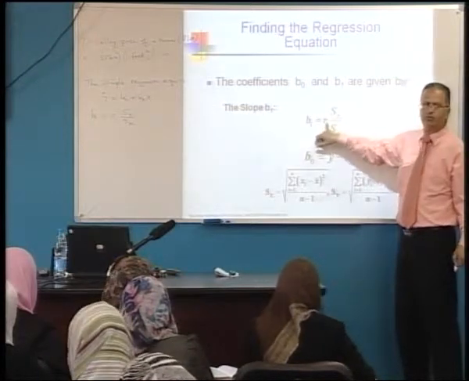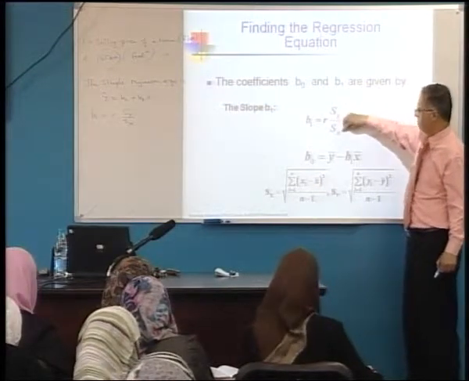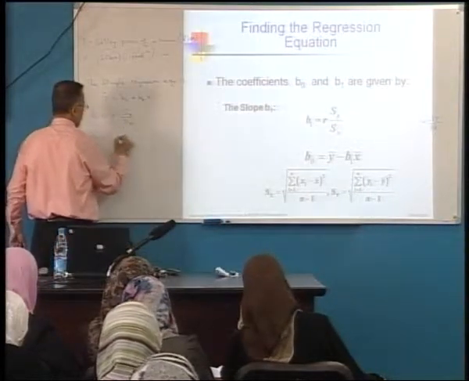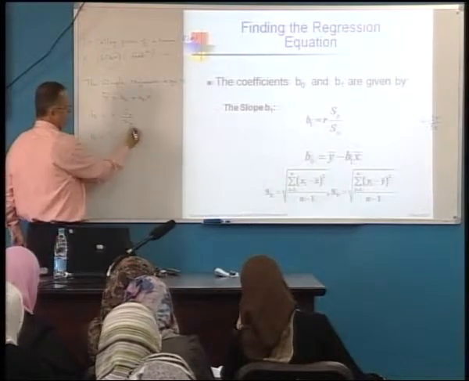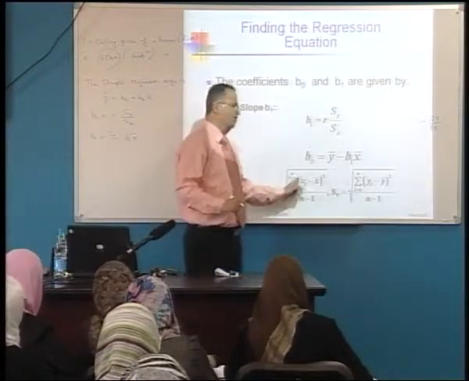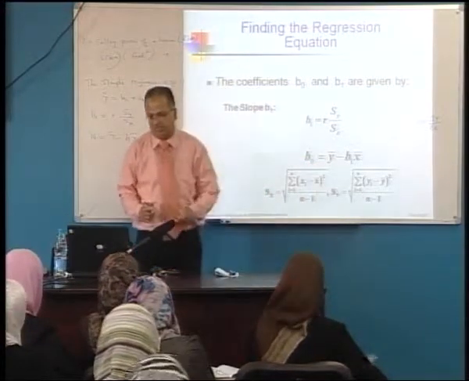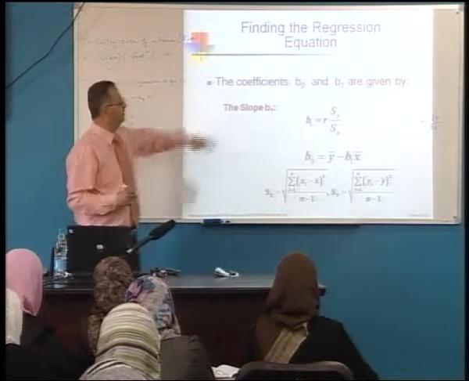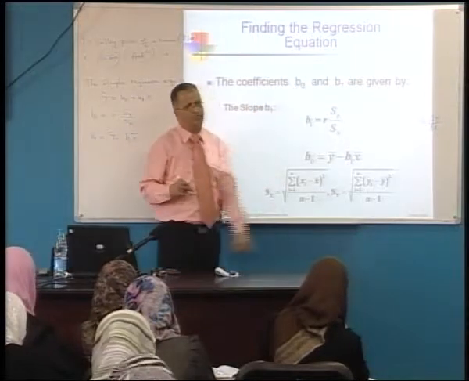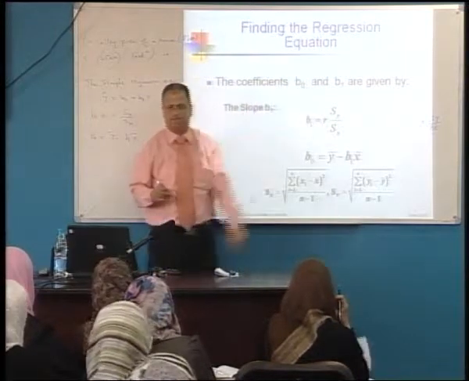Here r is the correlation coefficient, and sy and sx are the standard deviations of y and x, where b0, the y-intercept, is y bar minus b1 x bar. Sx, as we know, is the square root of the sum of x minus x bar squared divided by n minus 1, and similarly for y values. So we are going to use these formulas to determine the values of b0 and b1.